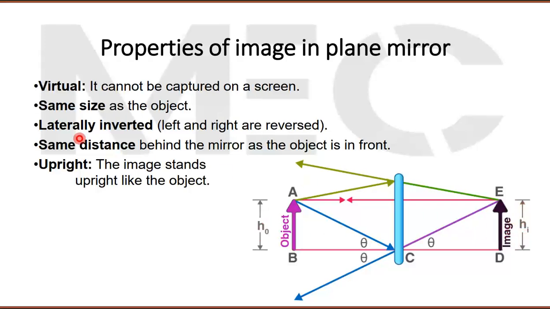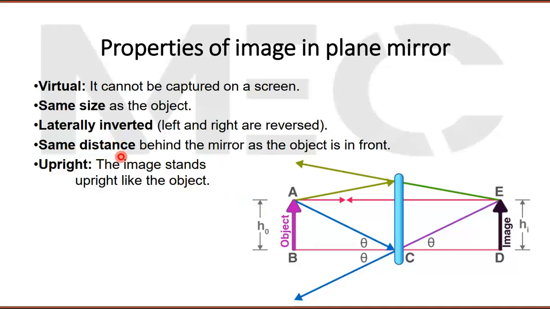Laterally inverted, left and right are reversed. For example, if a person stands in front of a mirror and raises his right hand, the image raises her left hand. So it is called left-right reversal or laterally inverted image.